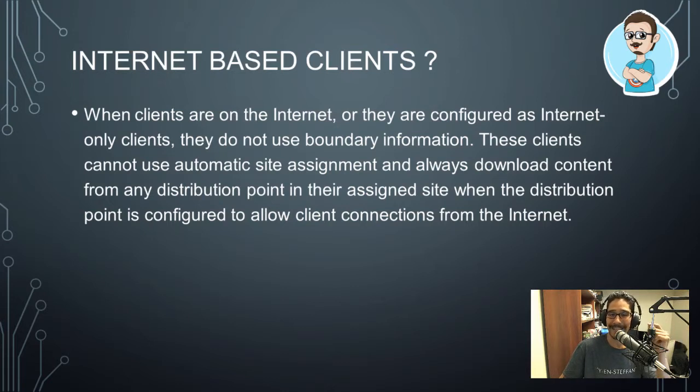So this is one of the features that you have to set up. If you don't set it up, that means desktops, tablets, whatever mobile devices that are hooked up to your SCCM will not receive the content within the distribution point, because you need to allow your distribution point to shoot that information out to internet-based clients.